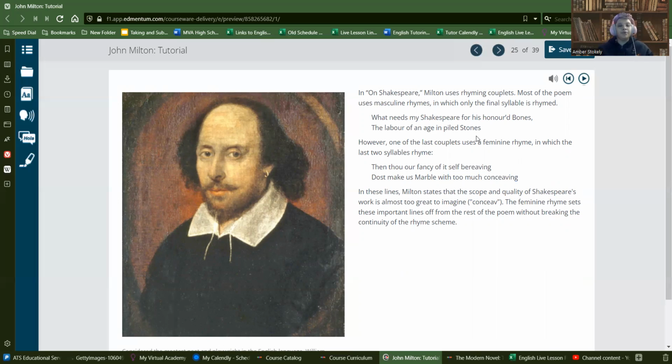So the reason why they're pointing this out is because Milton uses masculine rhymes in most of the poem, but the very last one has a feminine rhyme. And there's a reason why he did that. Most scholars think that the important reason why he did this is because it shows that these lines are different.